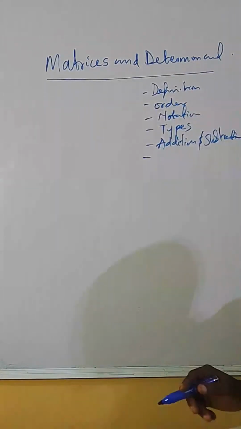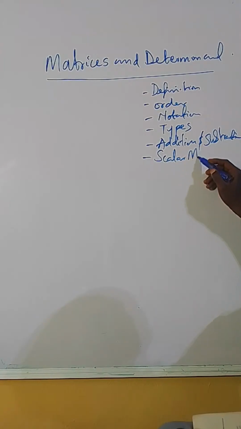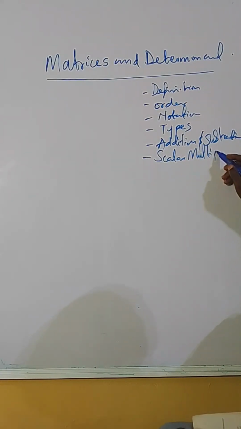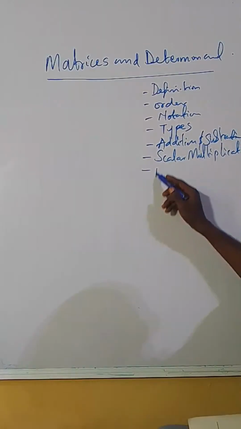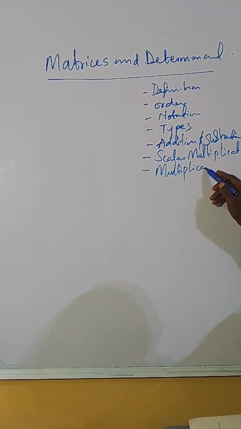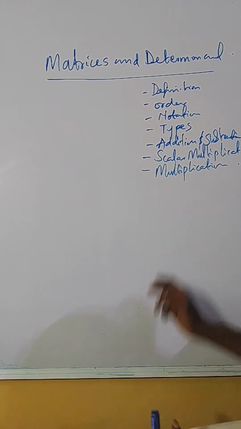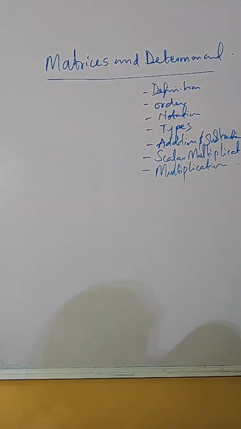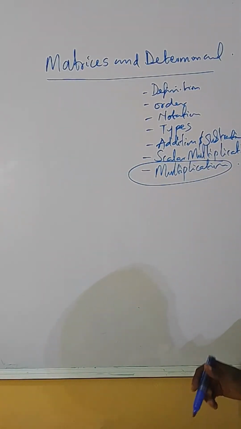Also, we looked at scalar multiplication of matrices. Also, we looked at multiplication of matrices. So this is where we stop. You can check our previous live class to watch all this. Now, in this class, let's start from this multiplication of matrices.